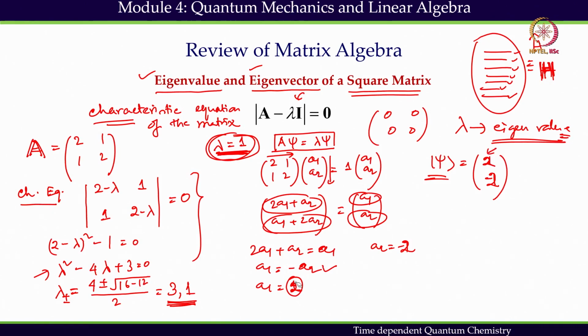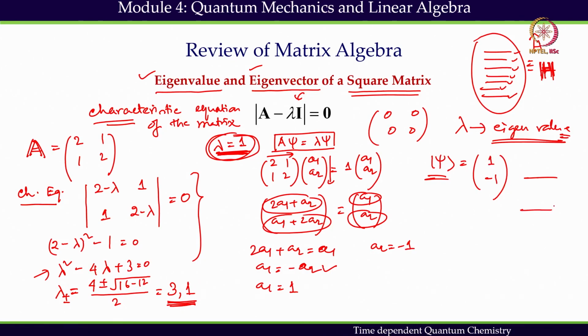So, I am selecting one basis for which I get 1 for A1, and I immediately get minus 1 for A2, and we can represent that wave function as 1 minus 1.